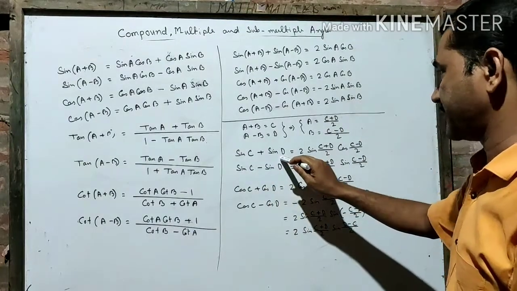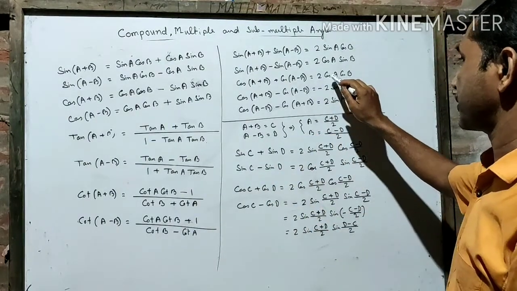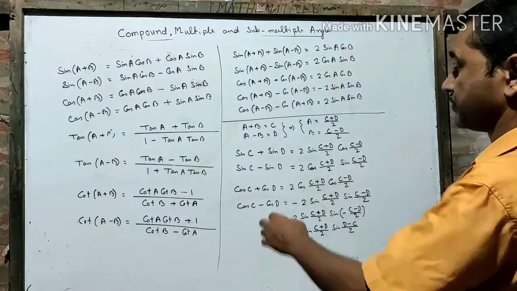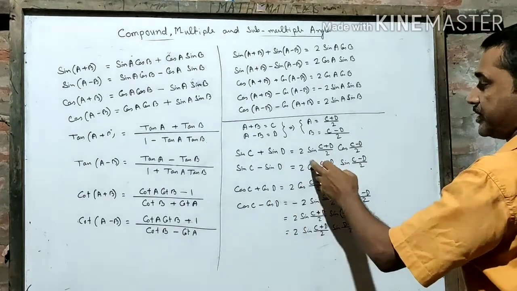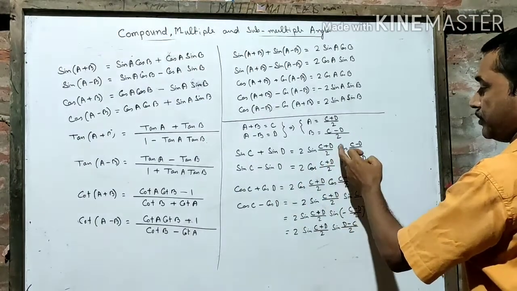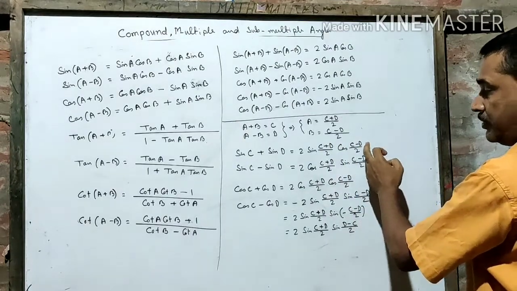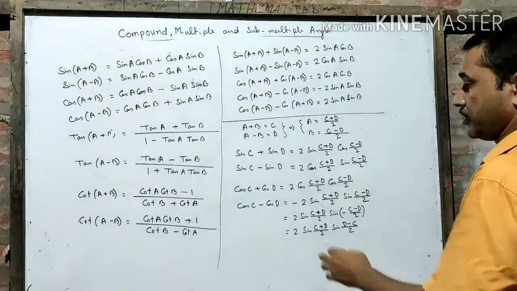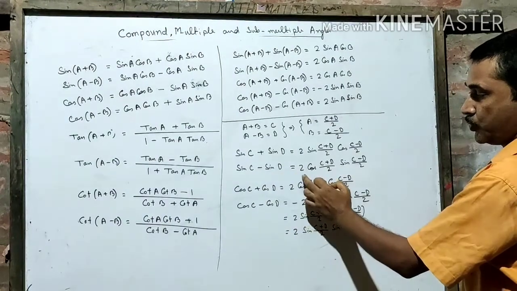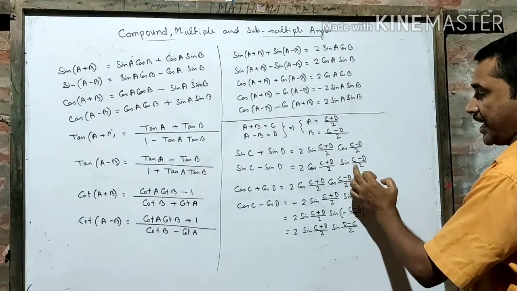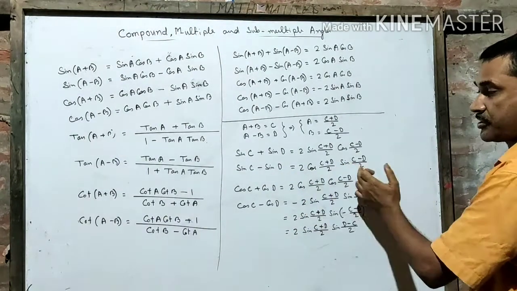Sine C plus sine D, you see here, cos cos, sine sine. Then sin C plus sin D, 2 sin (C plus D)/2 into cos (C minus D)/2. Again it is sin cos. Sin C minus sin D, 2 cos (C plus D)/2 into sin (C minus D)/2, cos sin.